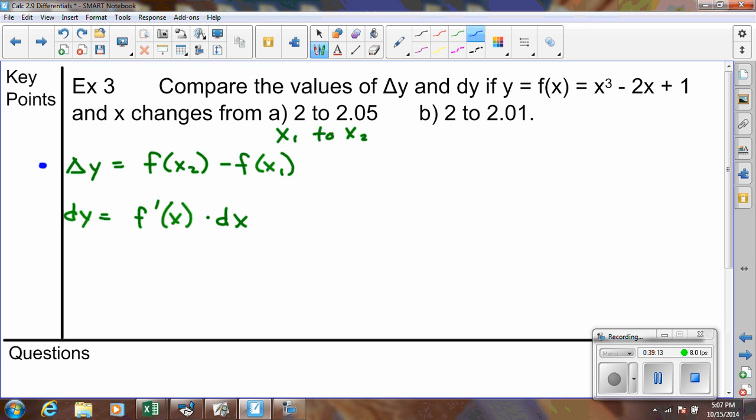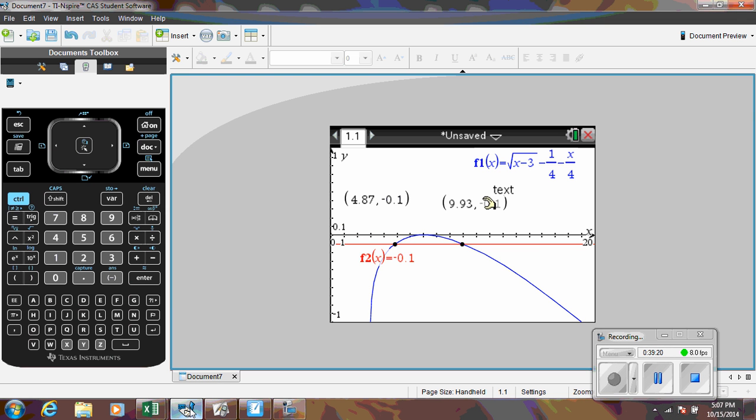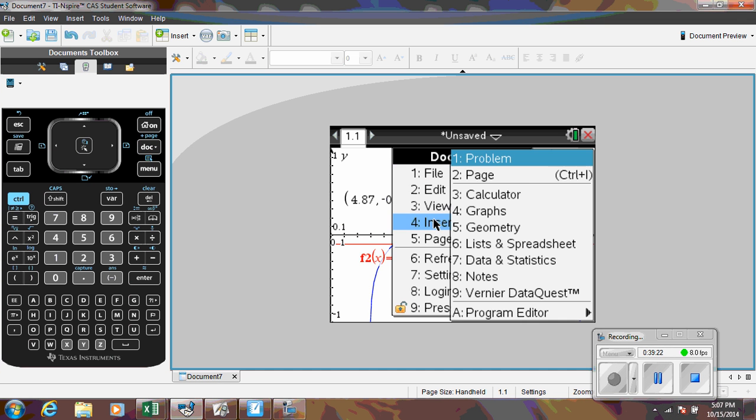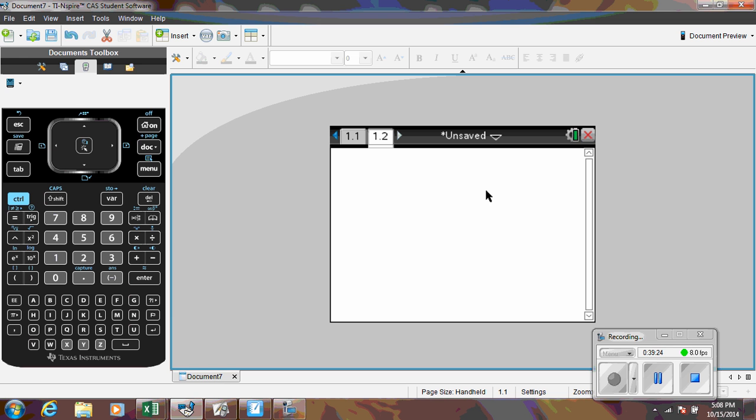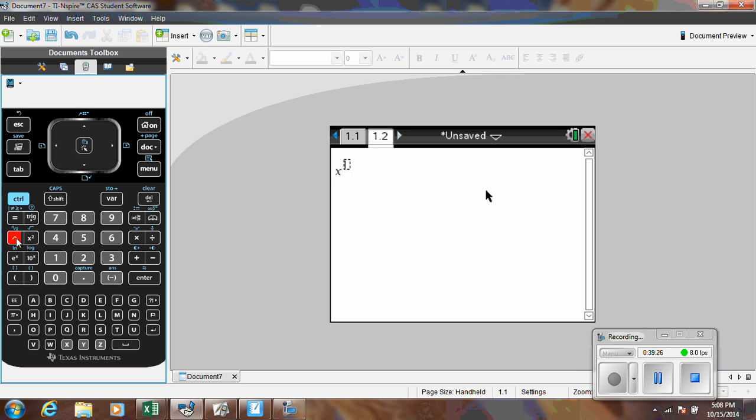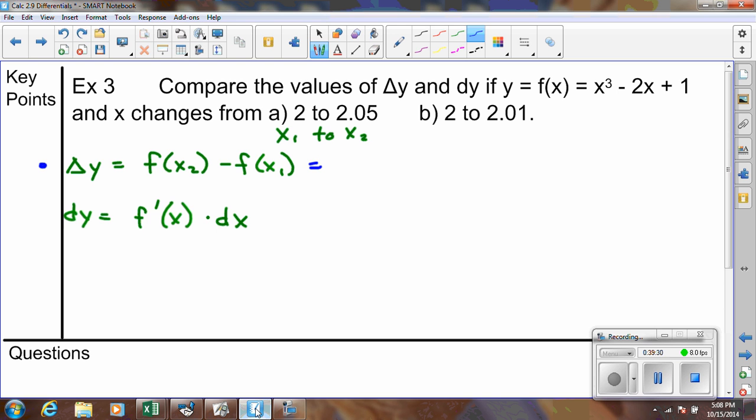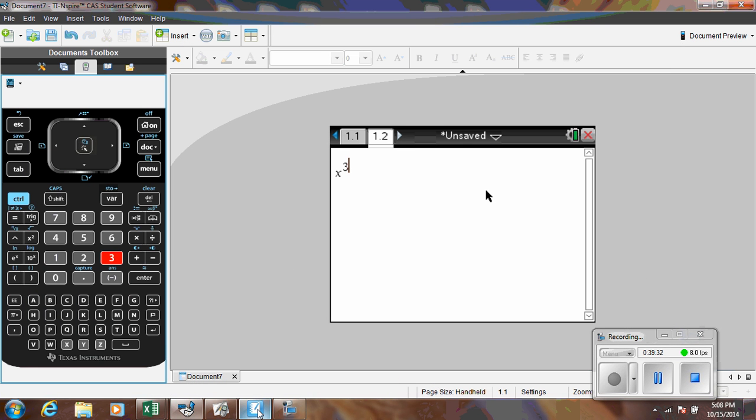Okay, so f of x2. We can come over to our calculator, insert a calculator page, and I'm just going to type in our function: x to the third power minus 2x plus 1. Oh, dang it, I put them all in the exponent.